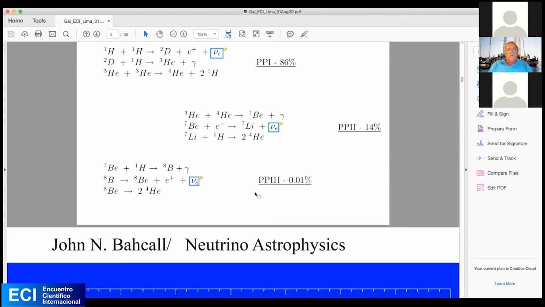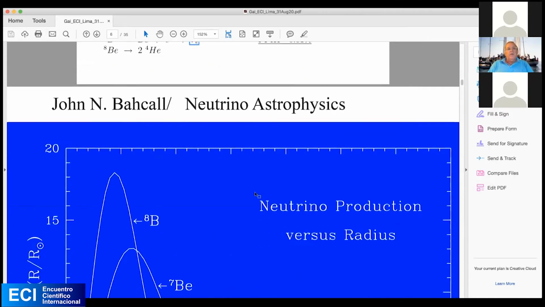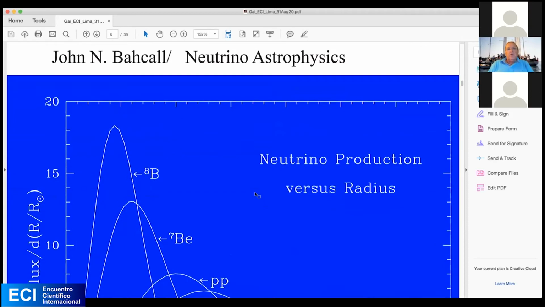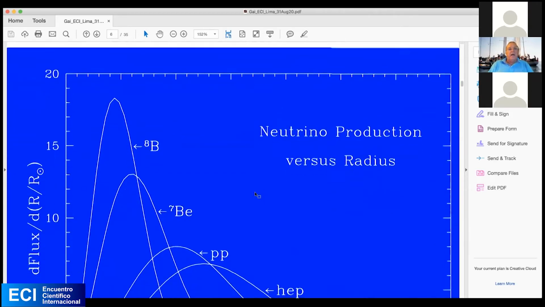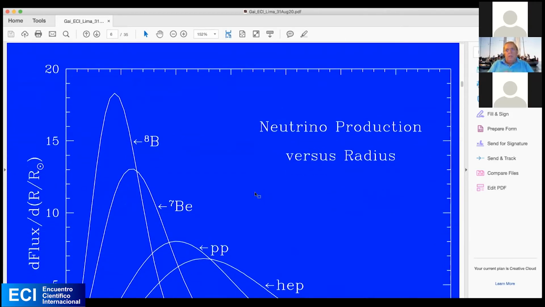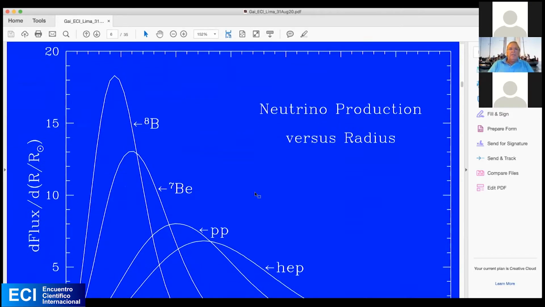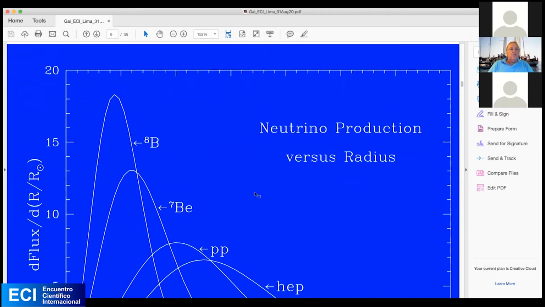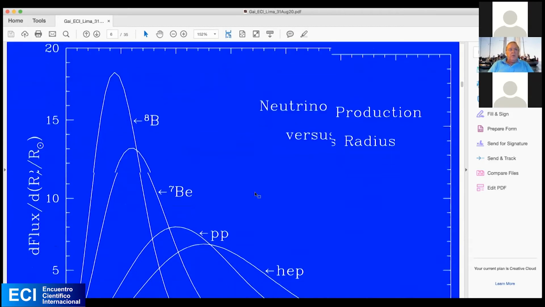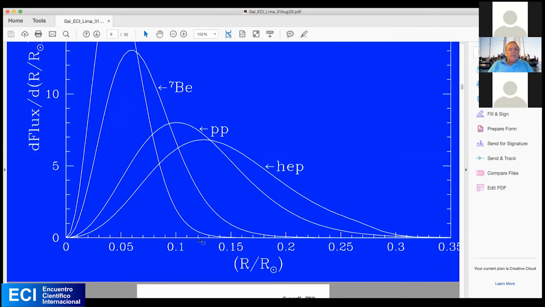Three types of neutrinos. John Bahcall, in his book Neutrino Astrophysics, has in fact calculated over the last 60 years. Well, he's not alive today, but ever since he was alive, he was calculating. And this is the spectrum of the neutrinos that we observe. This is the spectrum as a fraction of the radius of the sun.